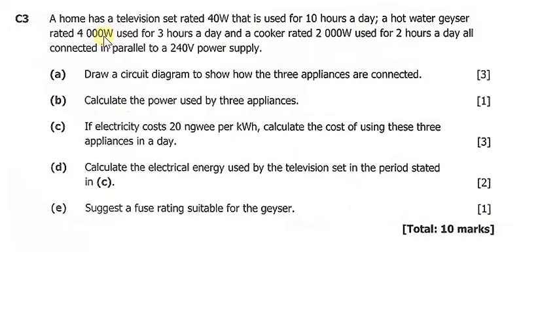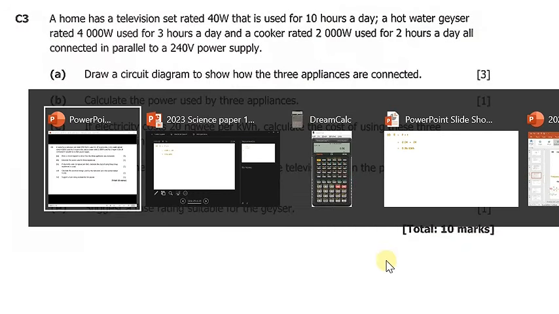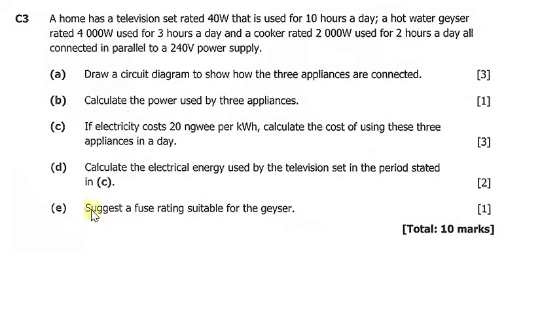For us to know the type of fuse this geyser can use, we need to find its current. So we needed to calculate its current, and then we can suggest the fuse to use. That's why it needed 2 marks, because you cannot know the fuse rating without calculating the current. So you are answering 2 questions, but they are given 1 mark. So these examiners, they are mad. They are very mad.